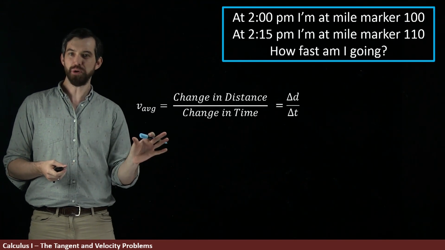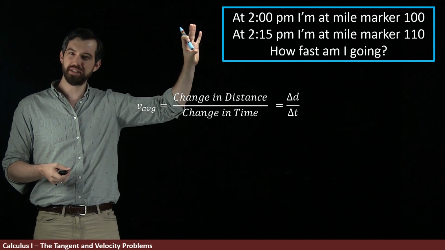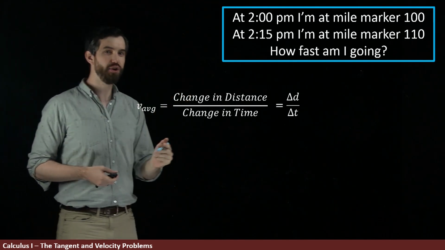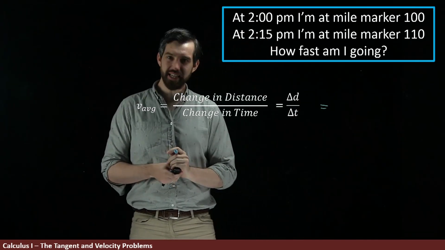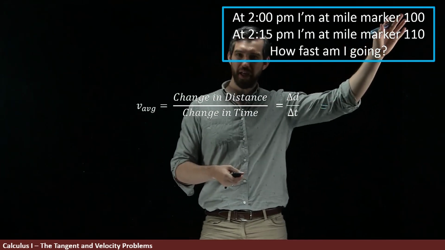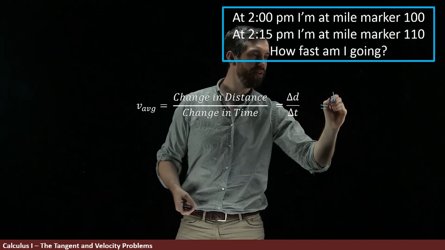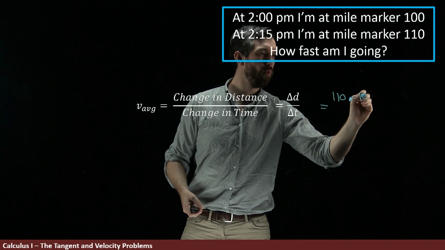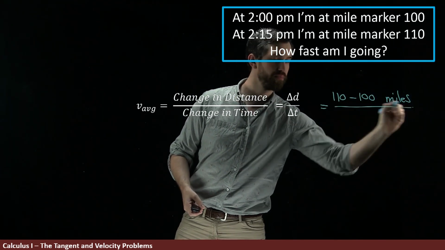So let's compute this average velocity over this 15-minute time interval that we have. So if I'm going to come down and try to figure out what the delta d is going to be, well, we went from the 100 to the 110 miles. So it was 110 minus 100, and the units here are going to be miles.